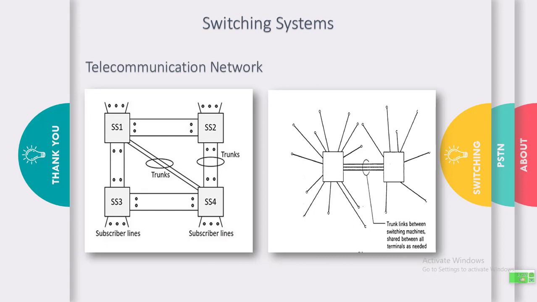These two exchanges will communicate via SS1 or SS4 and then connect to each other. Thus, it's not mandatory that each exchange has a specific trunk with all other exchanges. If not, then no problem. They will use other exchanges or switching systems to reach the destination.